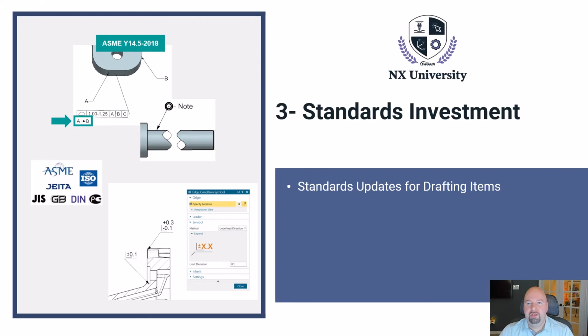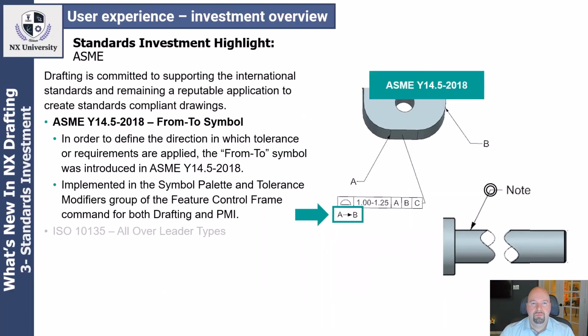Taking a look at the standards investments that Siemens has made in the software. The first investment we'll look at here is with ASME. The ASME Y14.5 2018, we have the from to symbol that has been added to the software. In order to define the direction in which tolerance or requirements are applied, the from to symbol was introduced in ASME Y14.5 2018.